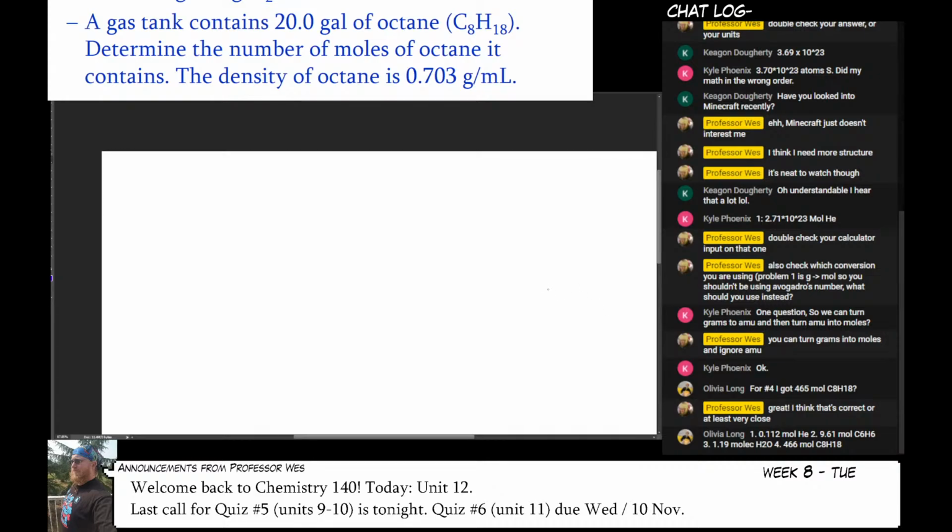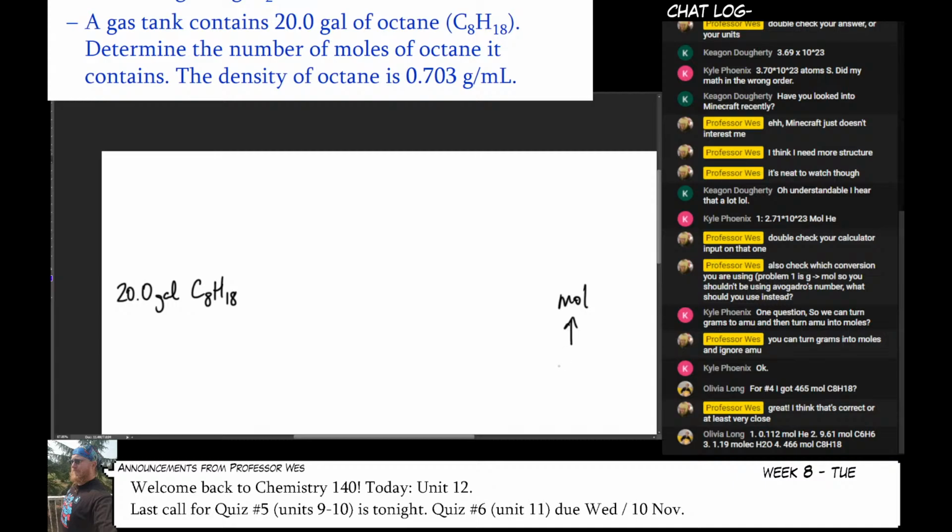All right, this last problem, I have 20 gallons of octane, which is C8H18. And I need to know the number of moles. Now, the only relationships that we have for moles are these, right?